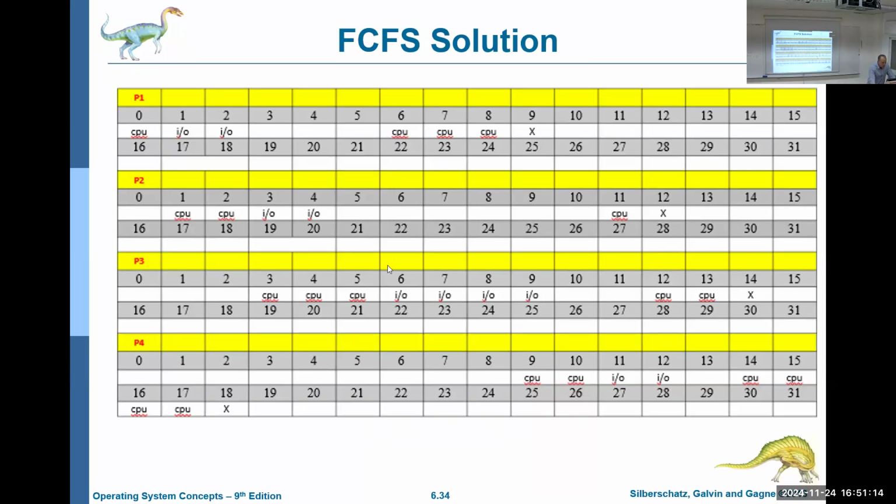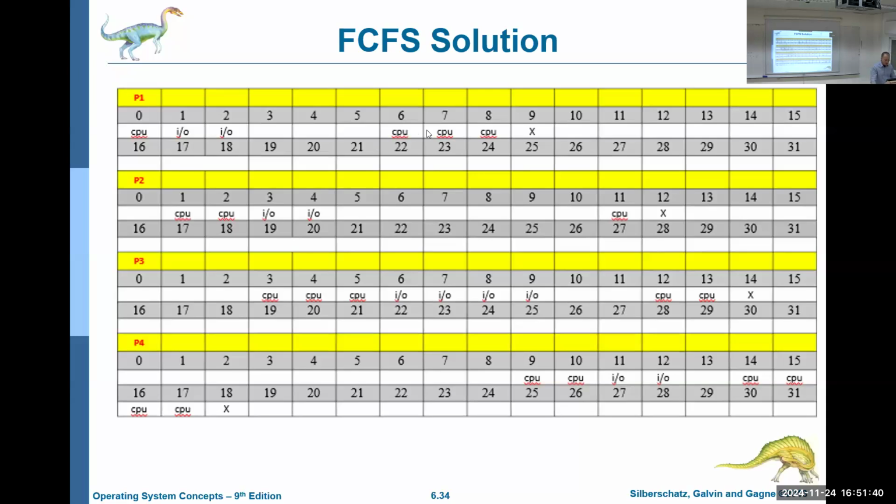So who goes first? Why isn't it P4? He has come in first. Should he be served first? No, because P1 came back at time 3. P1 wanted the CPU at time 3, and P4 wanted it at time 3. But P1 has a lower number, because he's P1.